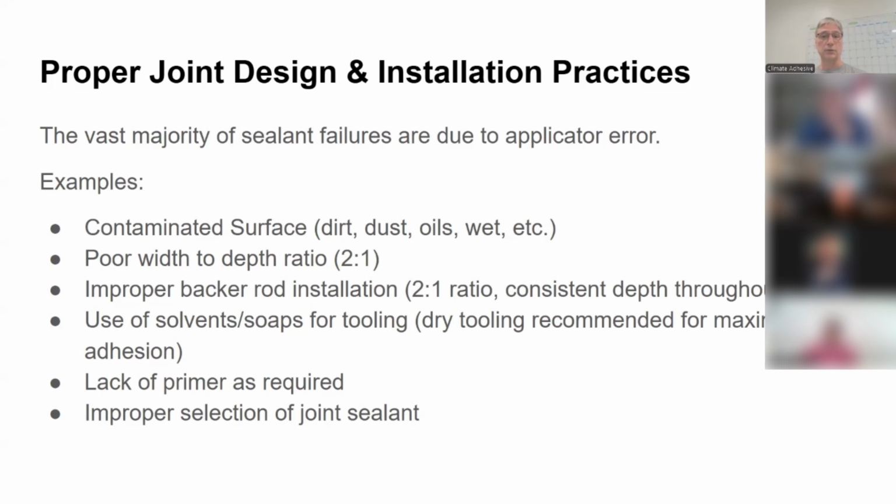And then use of solvents and soaps for tooling. Obviously, solvents and soaps can taint your bond. So when we run out a joint, we recommend dry tooling those joints. For dry tooling, they make steel slicks for tooling off your product.